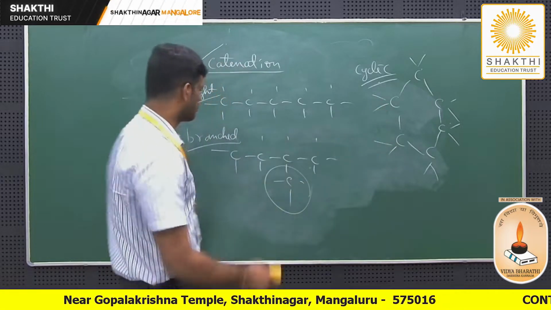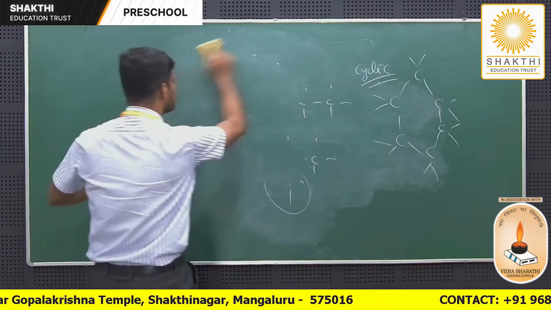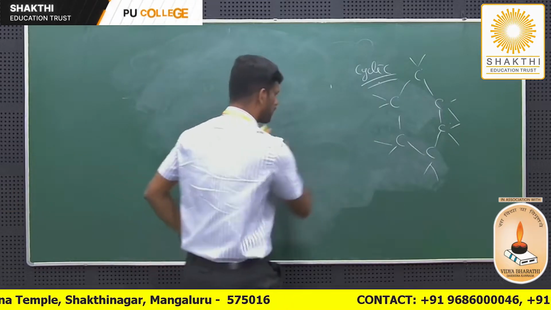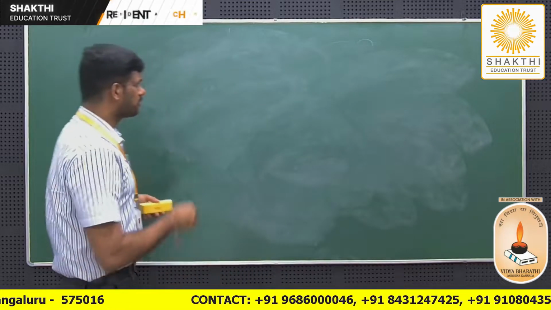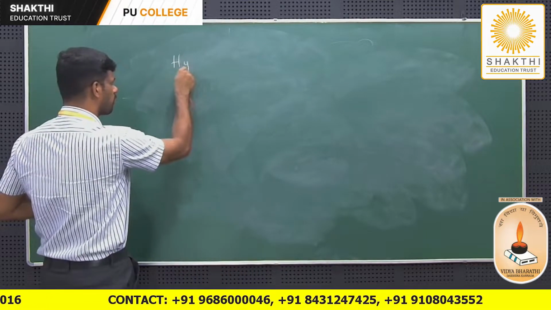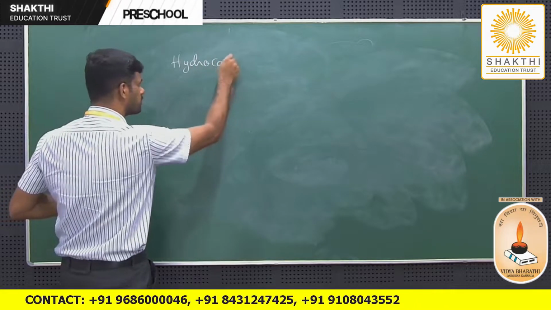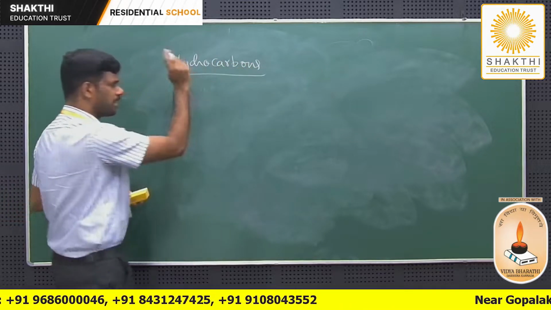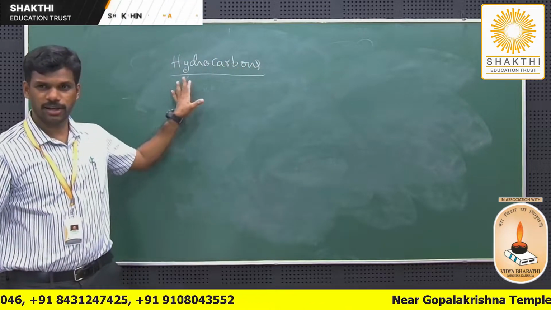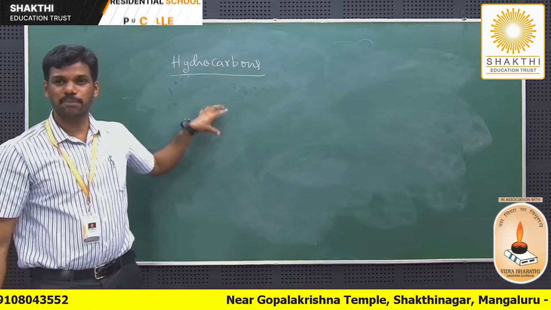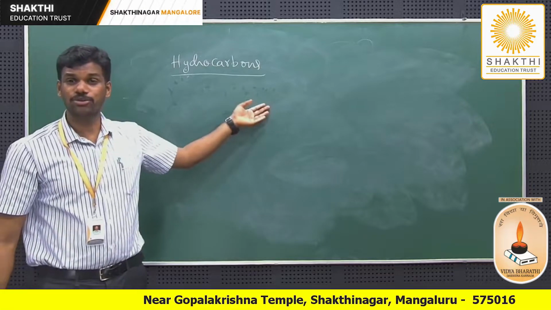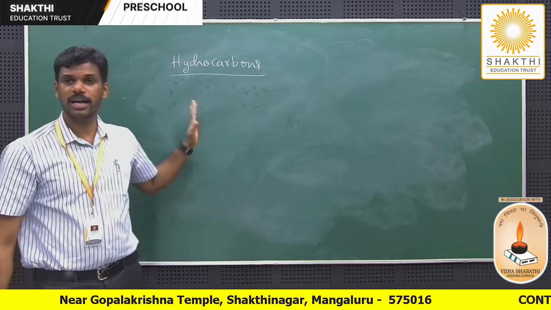Hope you understood this. Going ahead with this, what are the next important questions? The very important questions of this particular chapter begin from the concept called hydrocarbons. As the name itself says, hydrogen and carbon. How do you term hydrocarbons? Compounds containing hydrogen and carbon are called hydrocarbons.